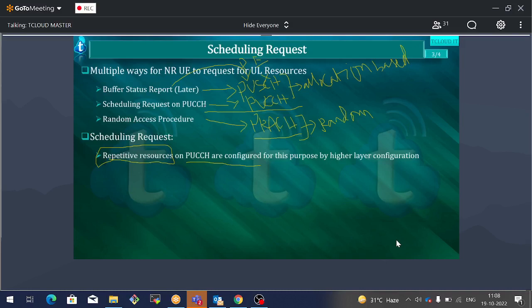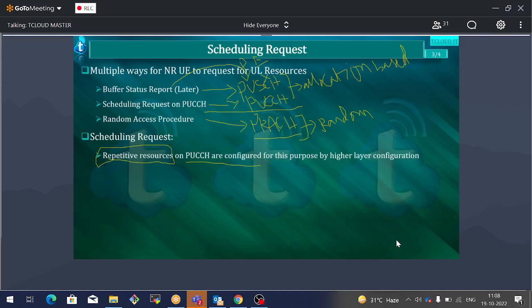When we don't have both of these things available, PUSCH and PUCCH not available, we consider that the mobile equipment is coming from either idle state or doing initial access, or it is coming out from a state like radio link failure or some other failure problems.